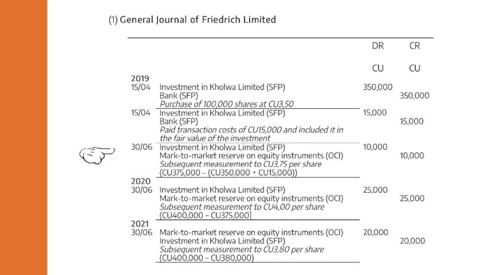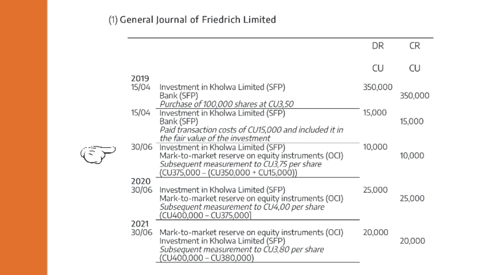Nothing else happens in the 2019 year, and we get to the reporting date, 30 June. Now, because we are in the category at fair value through OCI, at the reporting date this investment needs to be at fair value, and any fair value movement up or down will go through OCI and end up in the statement of changes in equity in a new column called the mark-to-market reserve on equity instruments.